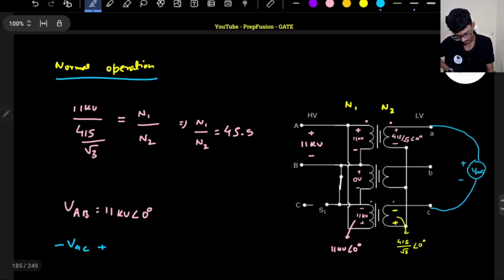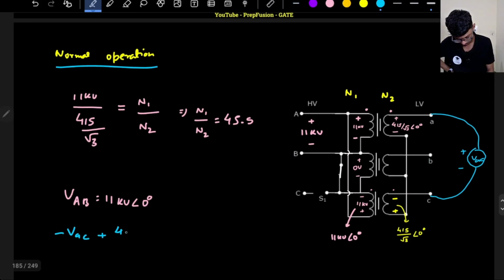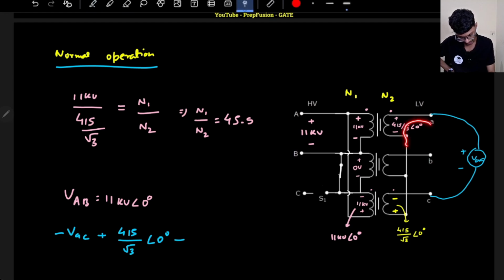So plus 415 by root 3 angle 0 minus, so if I come here, it is directly shorted through here.